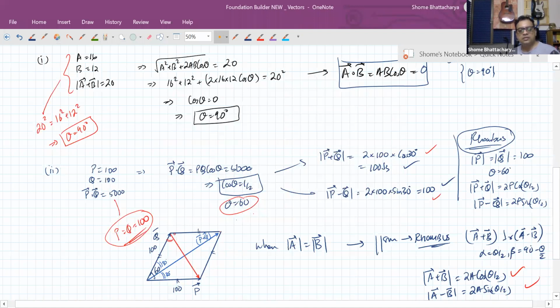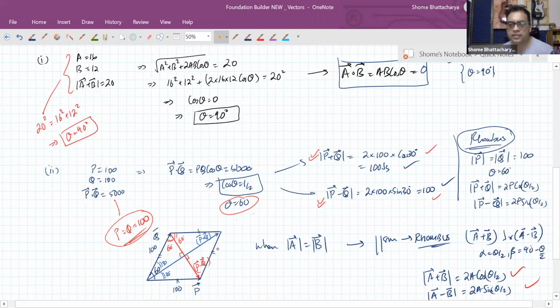And this angle is equal to this angle, and they cut each other perpendicularly, and this is your P minus Q. So if you pay attention to the geometry of this rhombus, it will be very easy how you can show this formula here and this formula here. It's coming from the geometry of the rhombus.